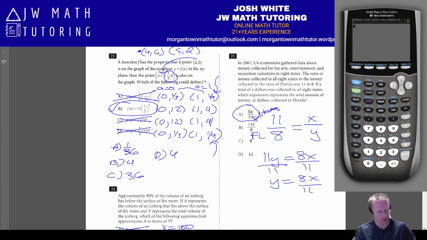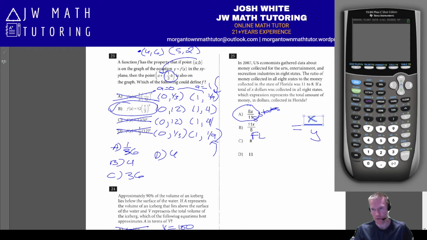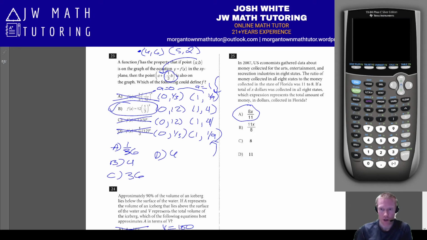Now, let's show you how you could use picking numbers again to solve this. So let me just clear out some of this work here. All right, so let's say the ratio of the money collected in all 8 states to Florida is 11 to 8, right? If a total of X dollars was collected in all 8 states.